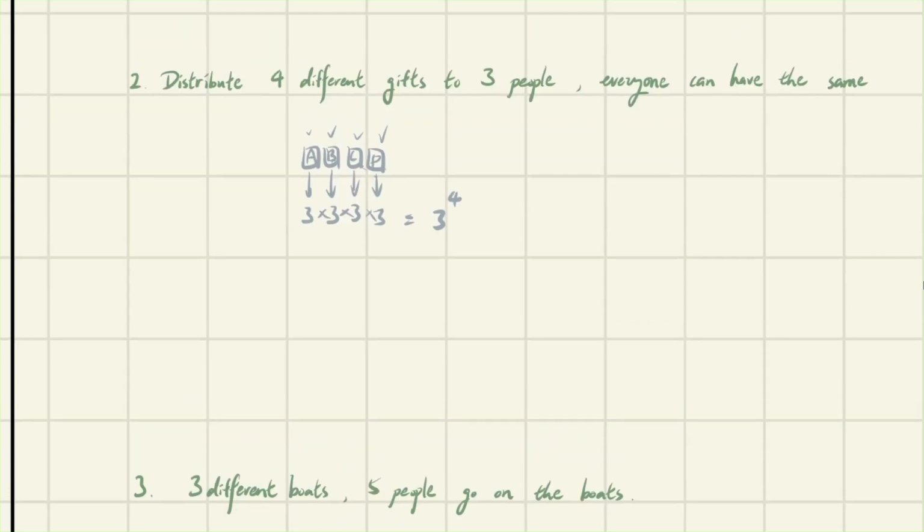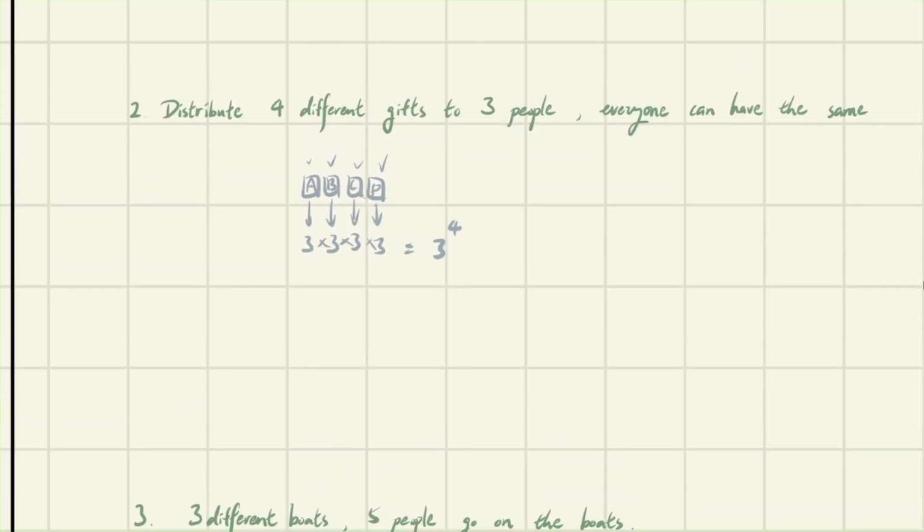Also, back to question 2: 4 different gifts to 3 people. A person can have multiple gifts, but a gift cannot be given to multiple people at the same time. So the repeatable, the people, is the base, and the unrepeatable, the gifts, goes in the power.